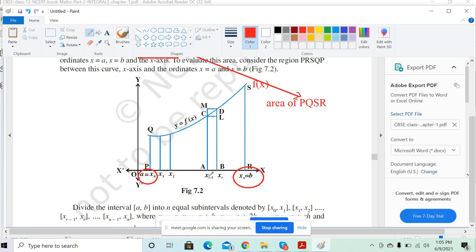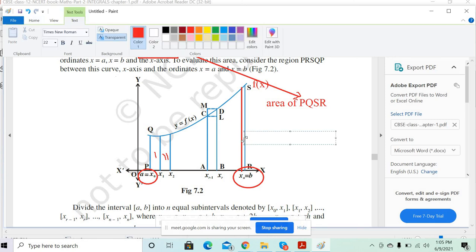Then x0, x1, x2, x3, till it goes to xn, that is b. So between a and b we are dividing into infinitesimally small n parts. This is the first part, this is the second part, and so on till you get the nth part. Is it okay? Yes, sir.